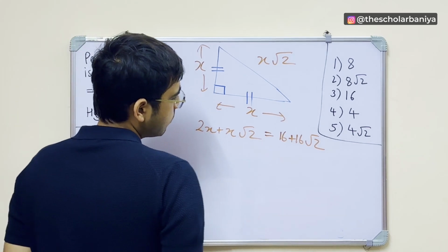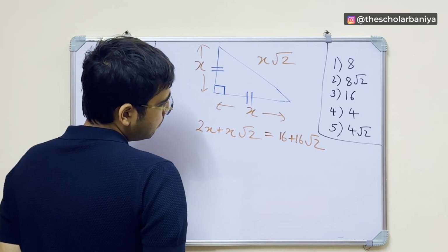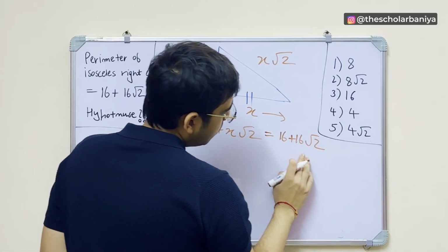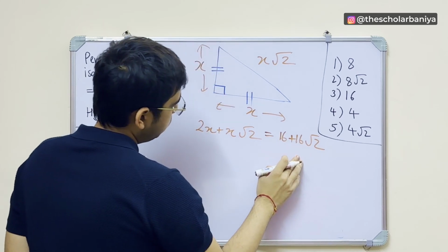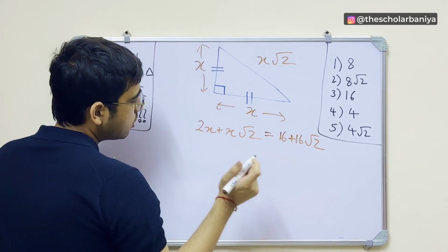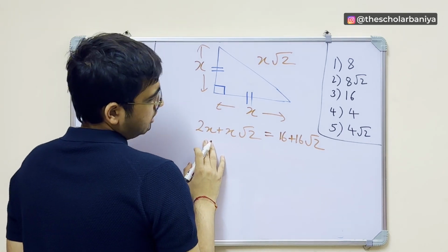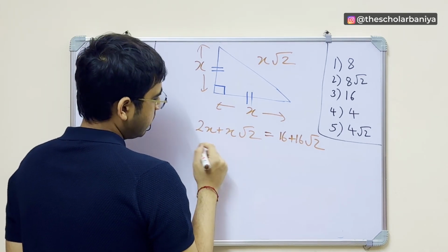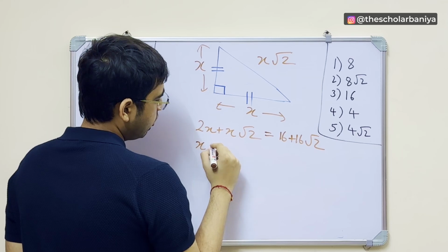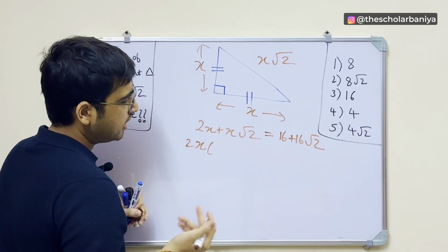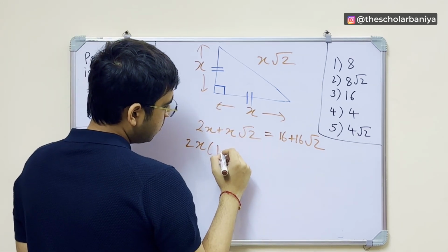Okay. So now tell me one thing. For example, if we just try to solve this, right? If we take x common over here, we will get 2 plus root 2, right?